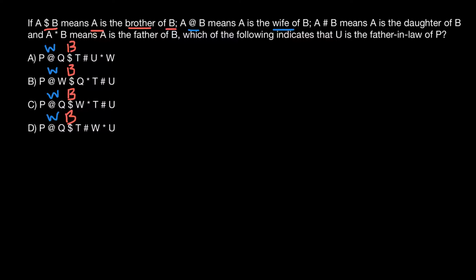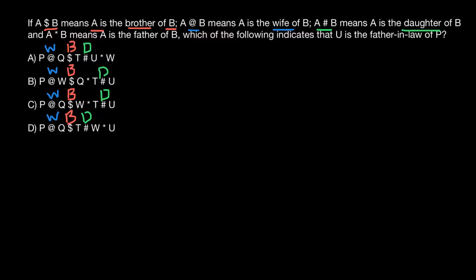Next would be the # sign, which means A is a daughter of B. So let's put D where we see the # sign. So D here, which is daughter, here, here, and here.